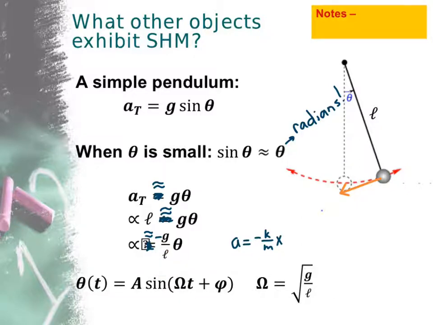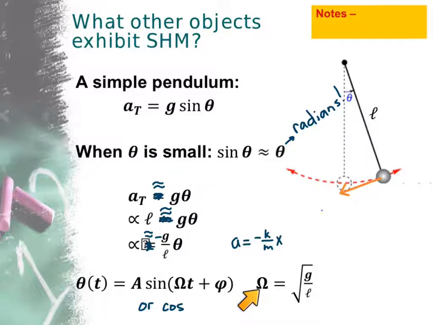So I can use what I learned here to set up an equation for what theta of t has to be. Theta as a function of time has to be A times sine of omega t plus phi, or we could write a cosine of omega t plus phi. Either one works. I just didn't put both of them right here. You could make a note right here, or cosine. That'll work just as well.